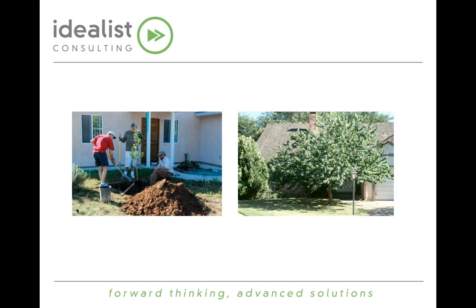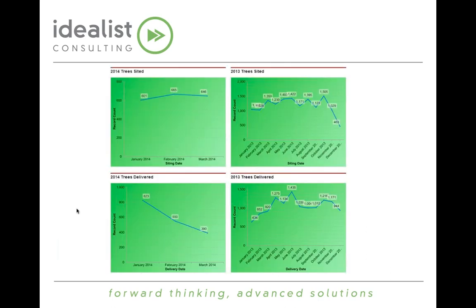So the next slide just shows a quick peek at some of their dashboards. They can retain the history of their trees planted, they can see trends, they can see species, and they maintain all their customer details in their Salesforce.com database for reporting and future follow-up.